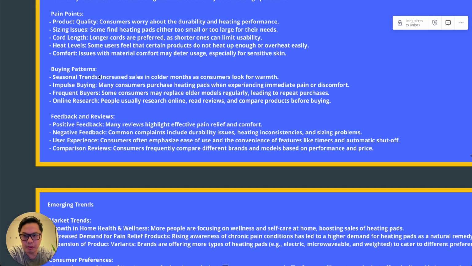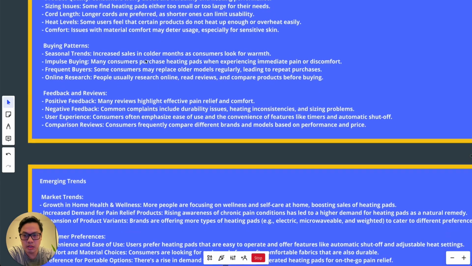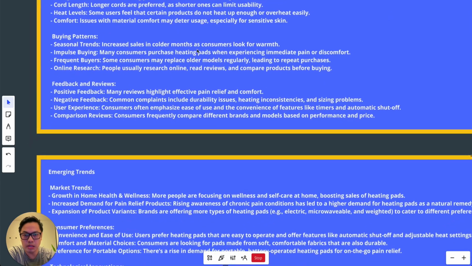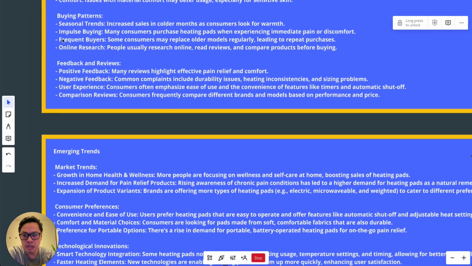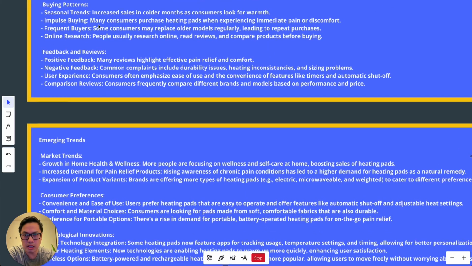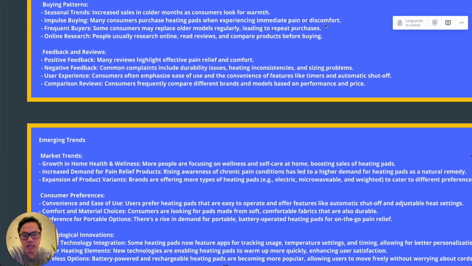So, okay, buying patterns. So increased sales during the colder months. Okay, that's interesting. Impulse buying, immediate pain or discomfort. Yeah, that does make sense. People who end up having pain and discomfort, they go out looking for a heat pad to solve their current issue.